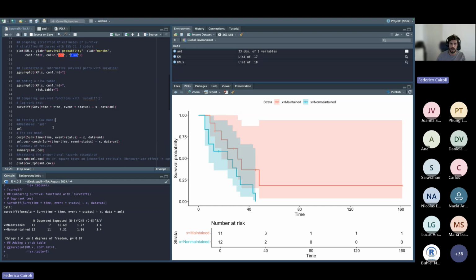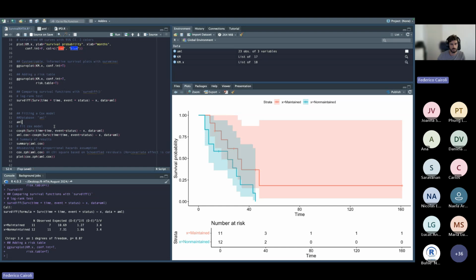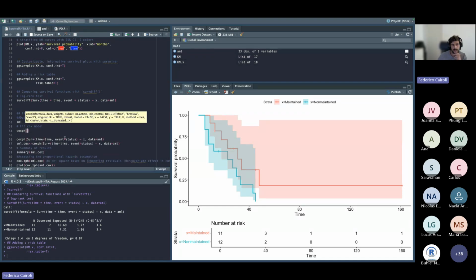So how can we obtain a hazard ratio using R? Again, here we are going to continue with the same database, which is AML, and we are going to obtain hazard ratios using this function, coxph. And again, you can see that the structure of this function is always the same.